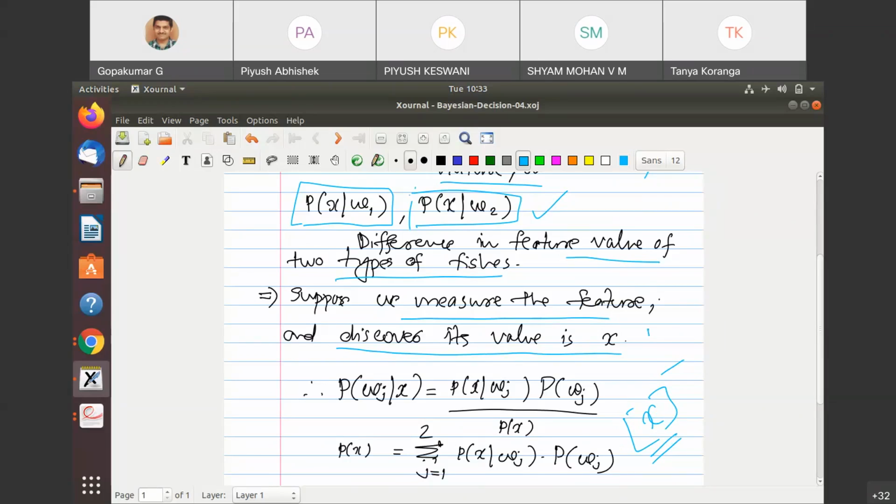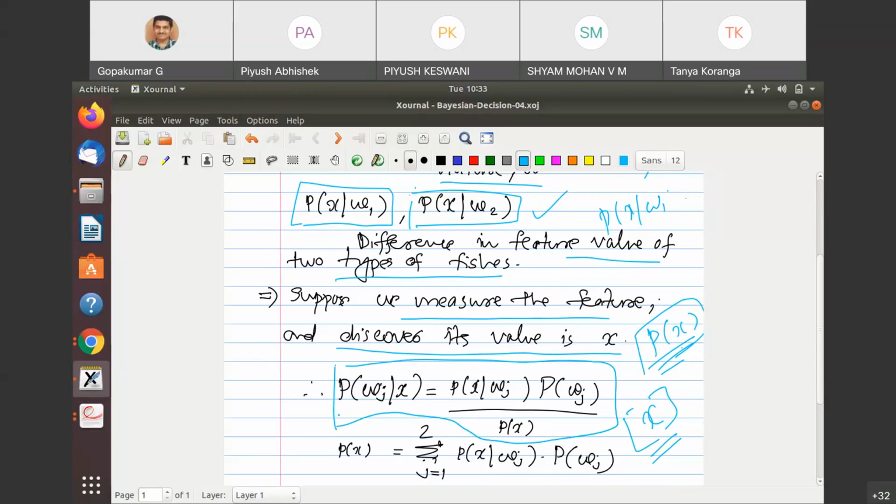You have a probability of x already known, because you are actually measuring the x value. And then we know the probability of x given w2 or w1. If we know all these probability values, then we can write the Bayesian decision rule, the equation we discussed earlier.